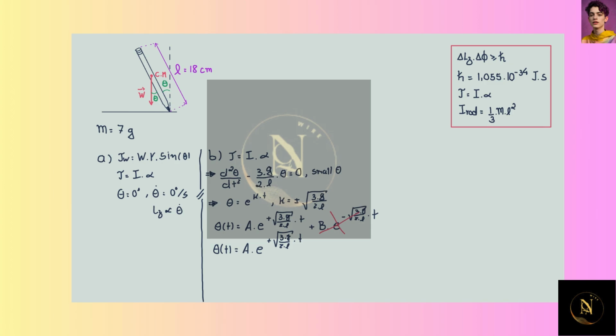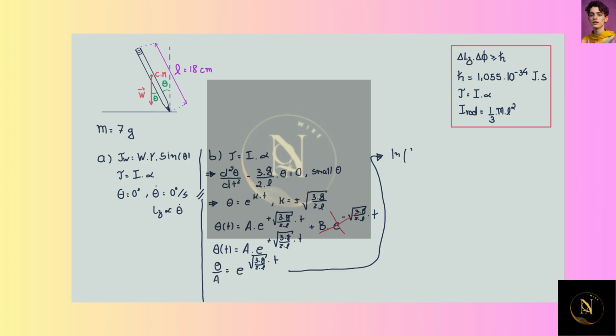But this is a function theta of t, and we want to calculate the time it takes for the pencil to fall. For that, we will need a function t of theta. To get that function, we have to invert this one. We proceed as follows. Send a to the other side dividing, so theta over a is equal to the exponential of the square root of 3 times g by 2L times t, and then take the logarithm of both sides of this equation. So we will get the following.